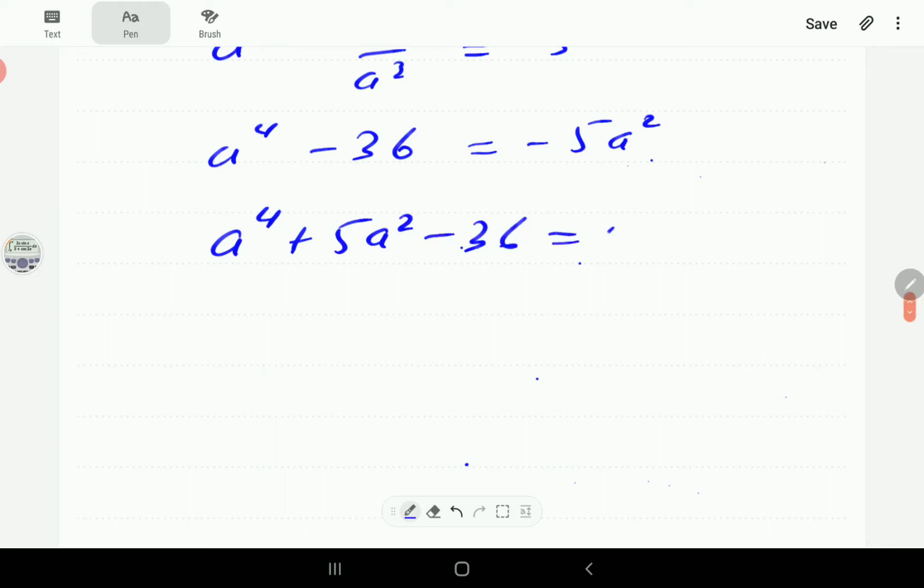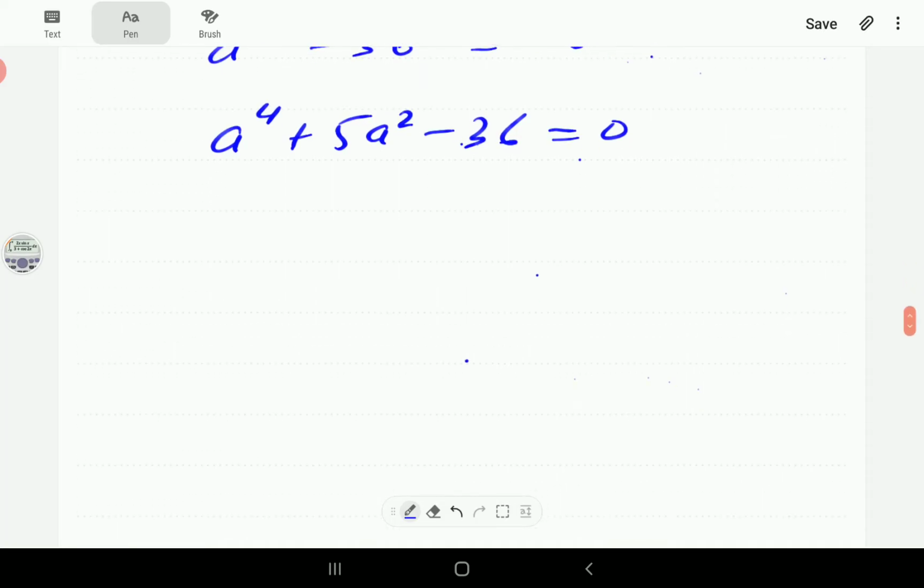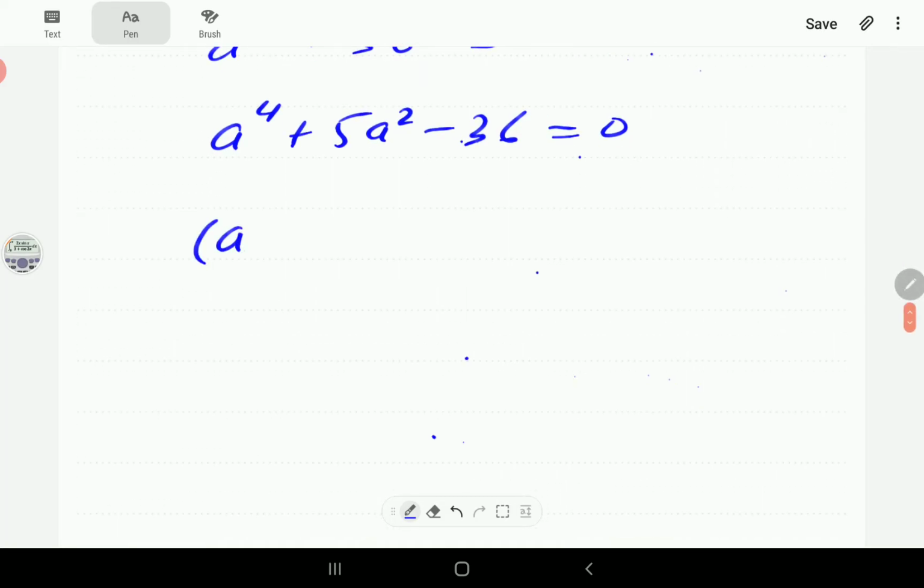Now since this equation only involves even powers of a, this is just a quadratic in a squared, which we can factorize easily. We need two numbers that multiply to 36 and have a difference of 5. It's going to be 9 and 4. So it's a squared plus 9, a squared minus 4.